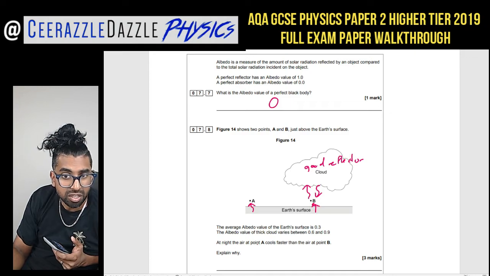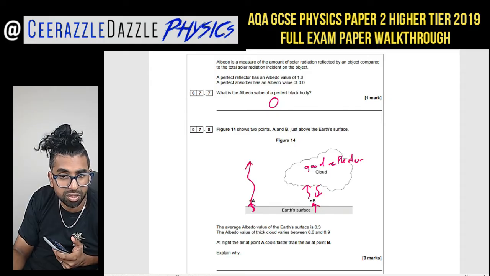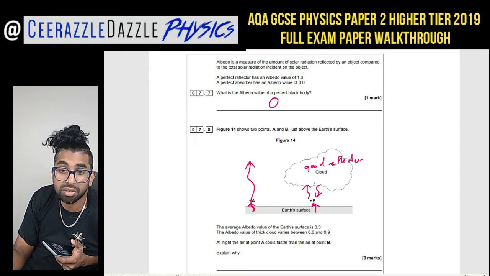So what will happen is, obviously, B will cool down slower. A will cool down much faster because the heat from the Earth's surface can leave just easily going upwards. B will take a long time because the heat is going to be reflected back down to B, and therefore it cools at a slower rate.